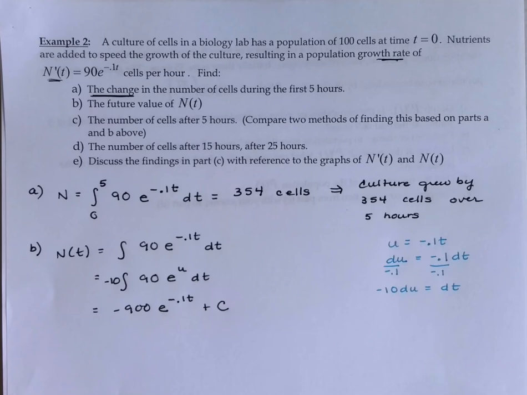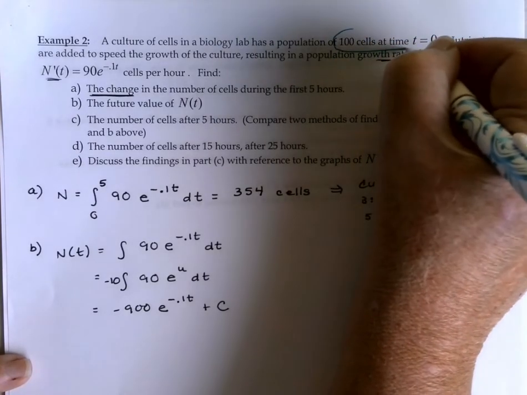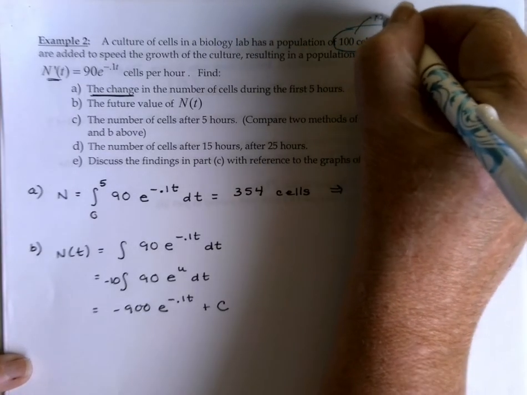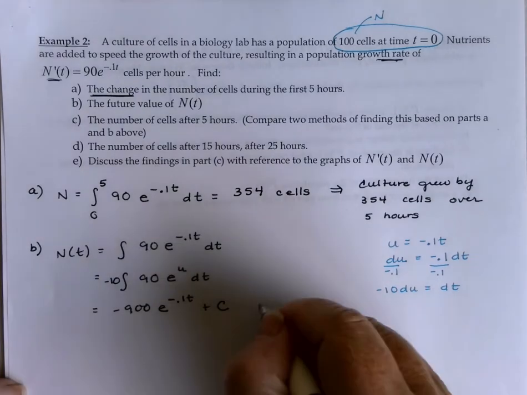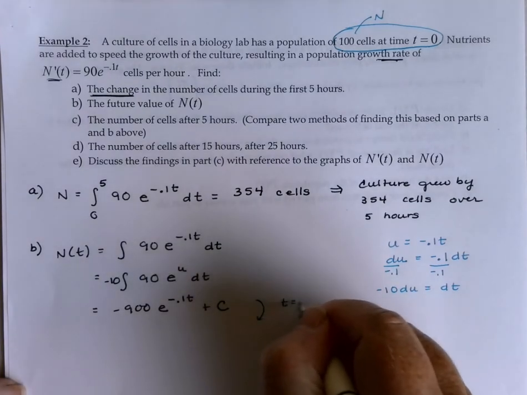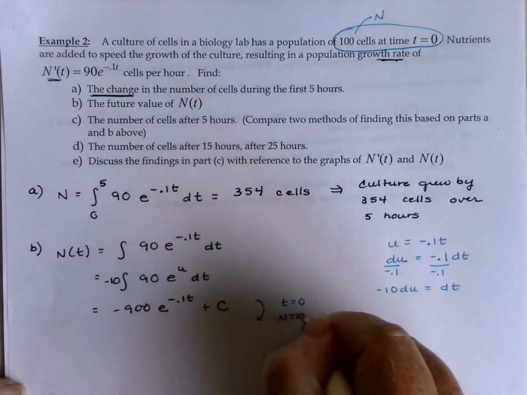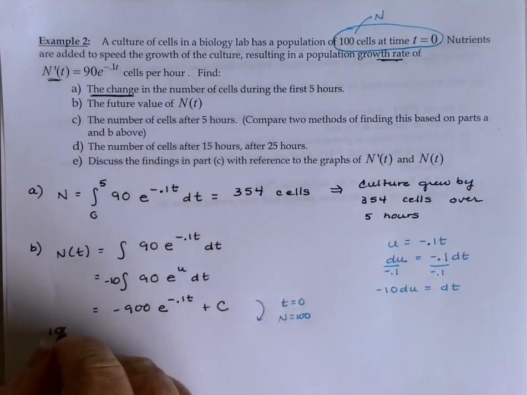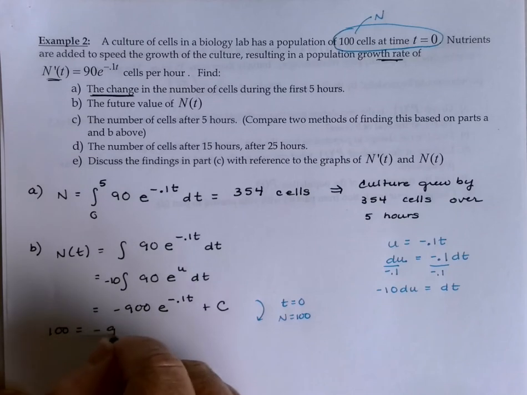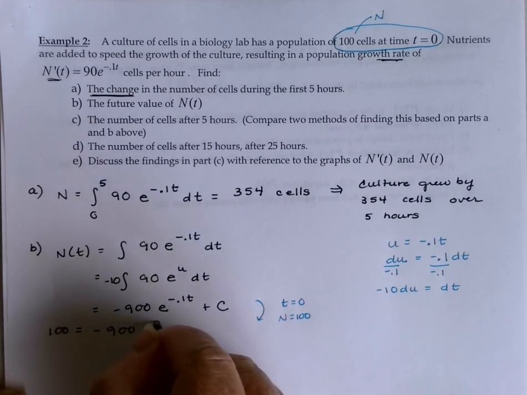We'd like to figure out what our c value is, and in order to do that, I'm going to use the initial condition. Our n, our number of cells, is 1,000 when t equals 0. So, putting in n as 1,000, t is 0.